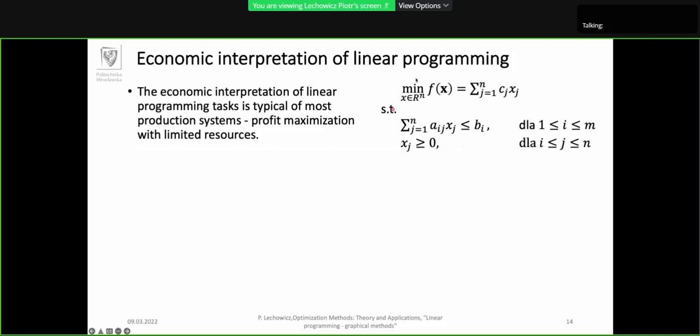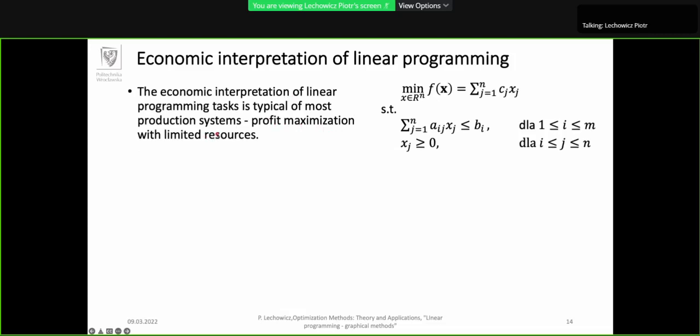So what is the economic interpretation of linear programming? Linear programming is very popular in economic problems. So typically, our goal is to maximize the profit, the revenue, under limited resources.